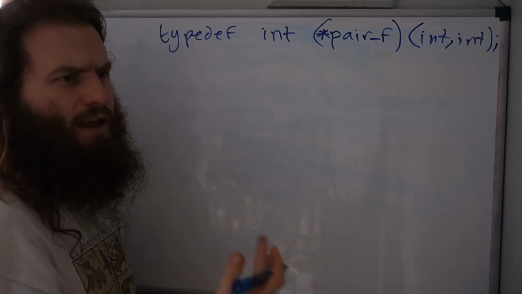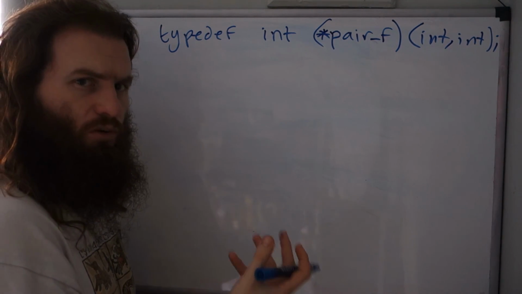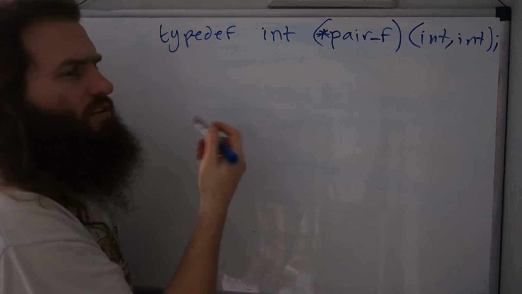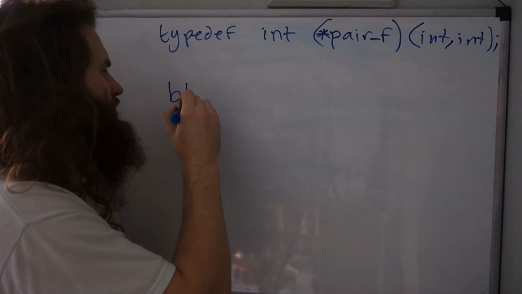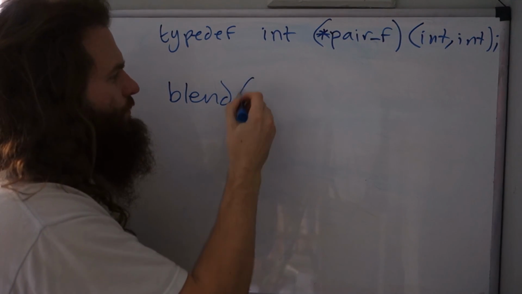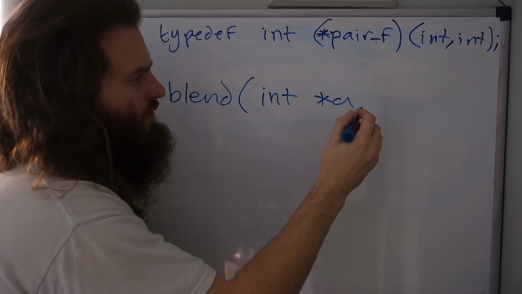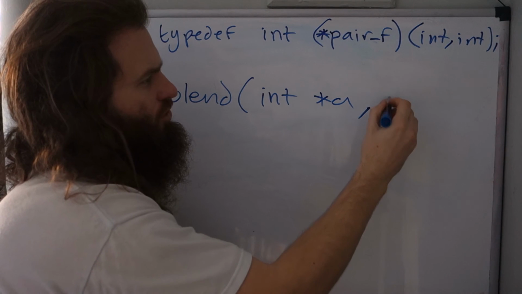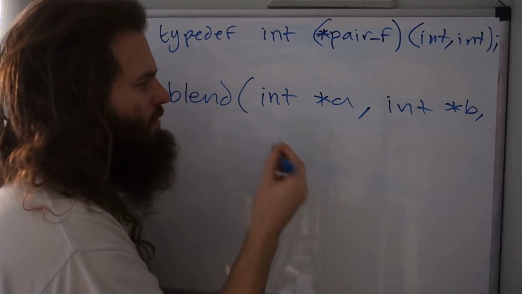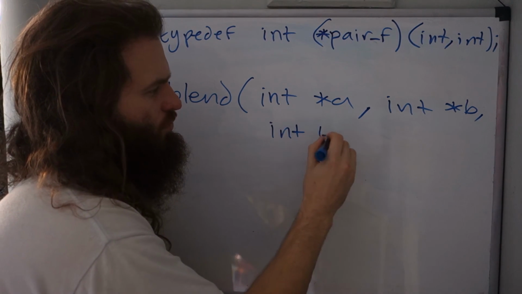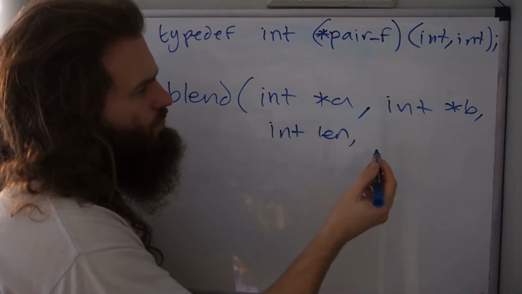So say we had a function that performs operations on integer arrays, and this might be called, I don't know, blend. And it takes an integer array A, an integer array B. We'll assume they're the same length, so let's say it takes a length as well, and A and B are the same length, we'll just assume this.